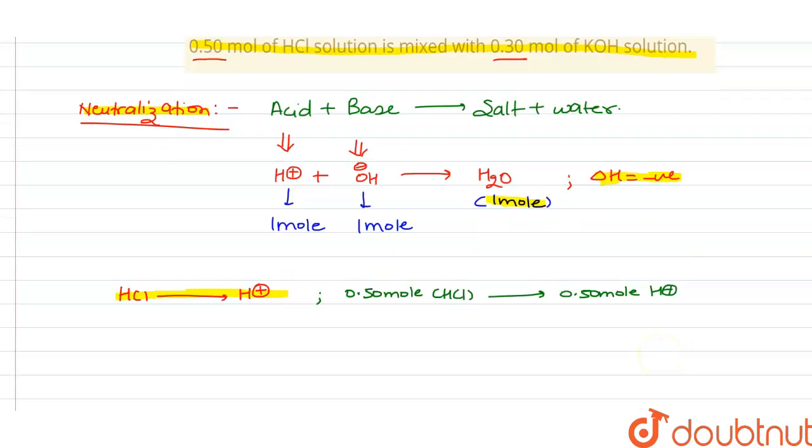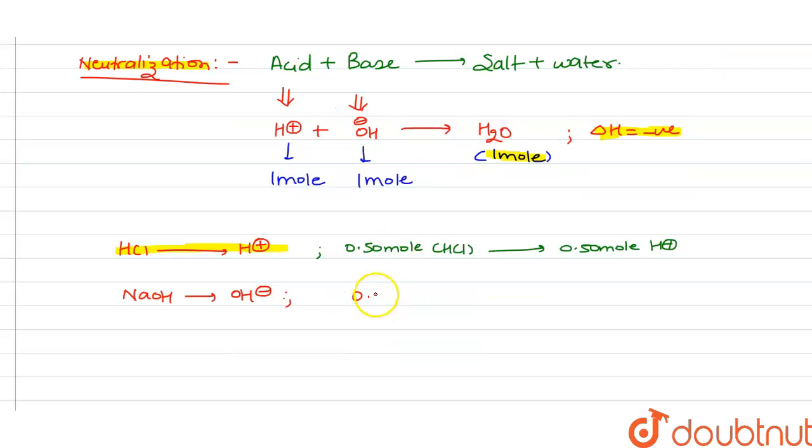Similarly, we can also show that 1 mole of NaOH gives 1 mole of hydroxyl ion. Similarly, we can say that 0.3 mole of NaOH on dissociation gives 0.3 mole of OH minus ion.